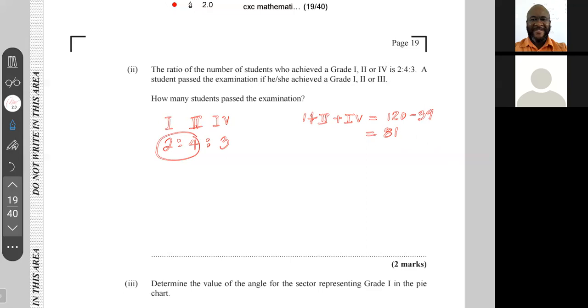So the number of students who get 1 plus the number who get 2 plus the number who get 4 is equal to 120 minus 39, which is 81 students. There were a total of 120 students, and 39 got grade 3.